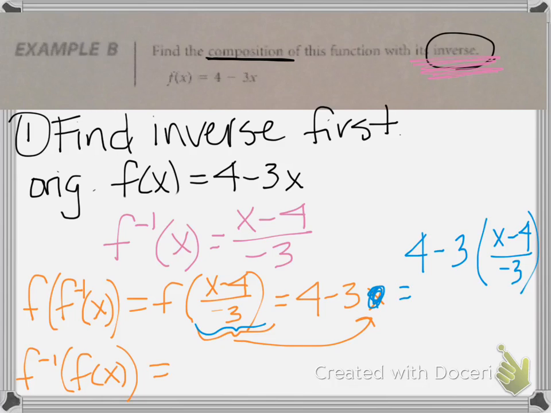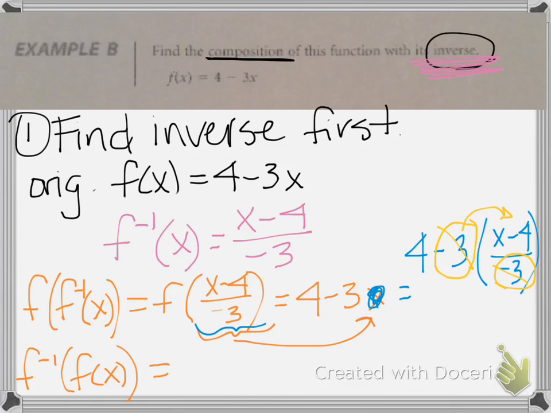So if I start looking at what I have here, I have 4 minus 3 times this whole setup over here. If I multiply this negative 3 into these parentheses, and then I divide by negative 3, what actually happens?